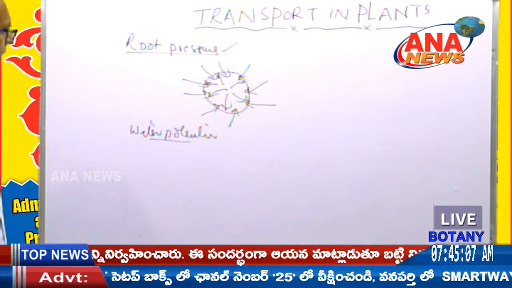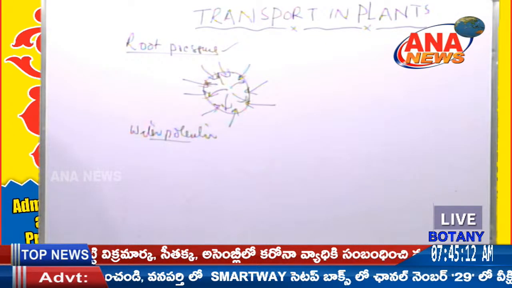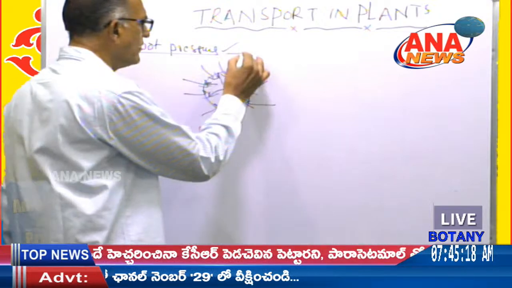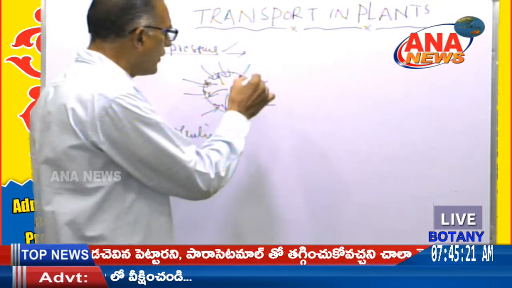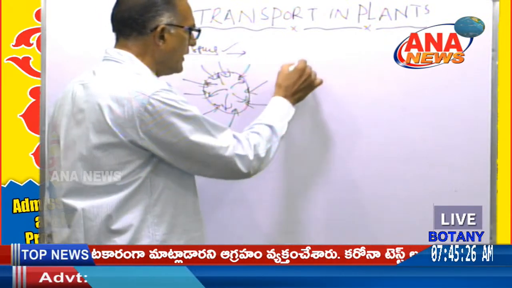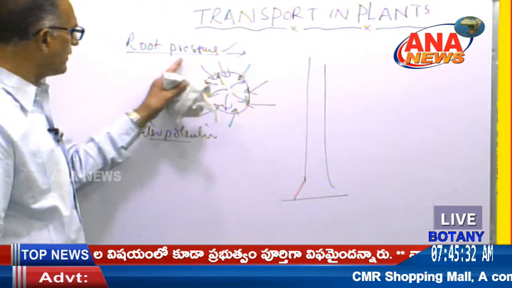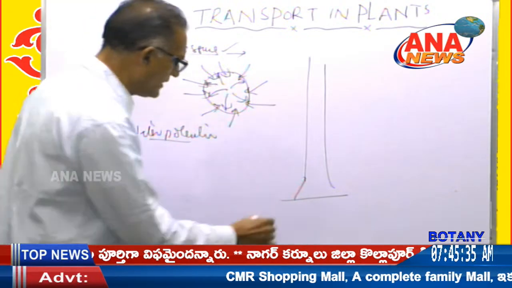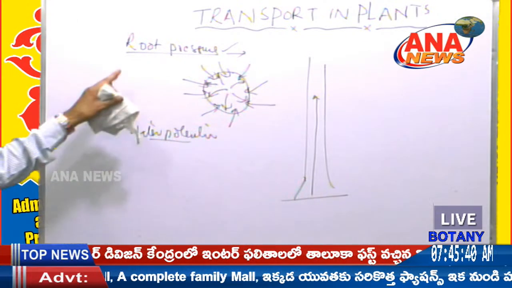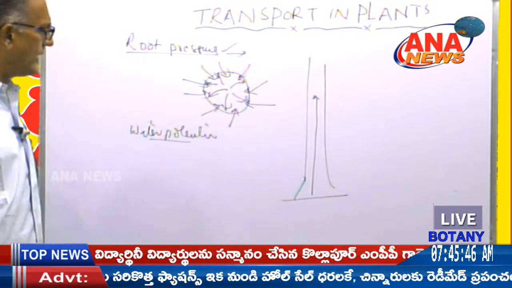Root pressure is enough for a moderate push of water, enough to push the water to moderate heights, to some extent.